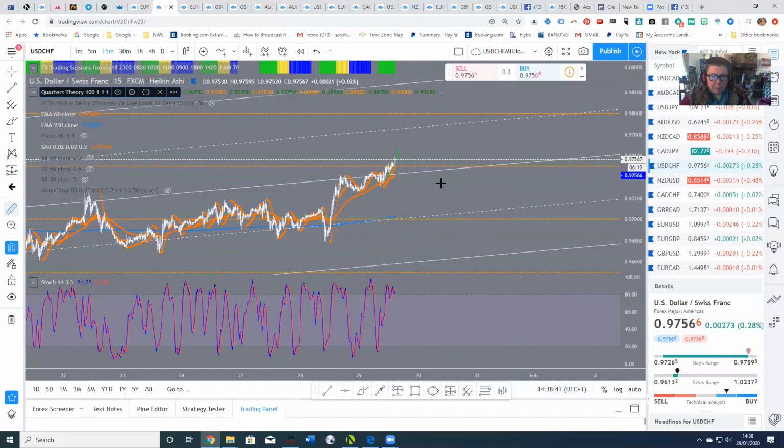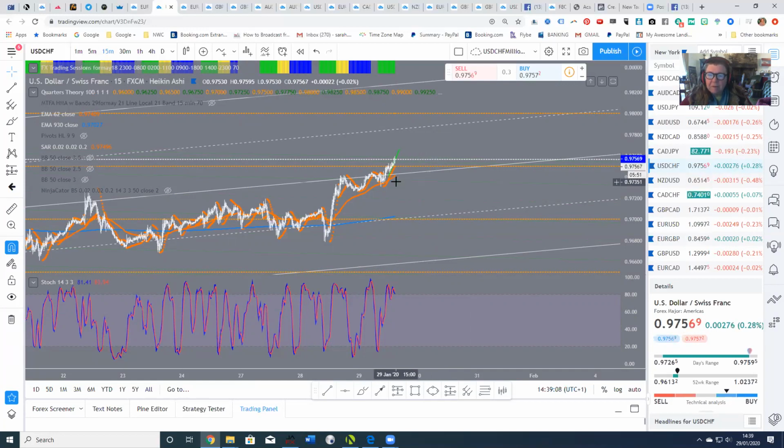So if it does go up, it wants to come up 40 pips, slightly above that now, to this next pitchfork. So I'll put that down as a retrace and then buy up to 0.97890.